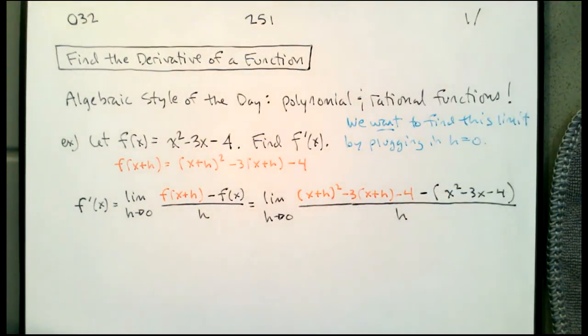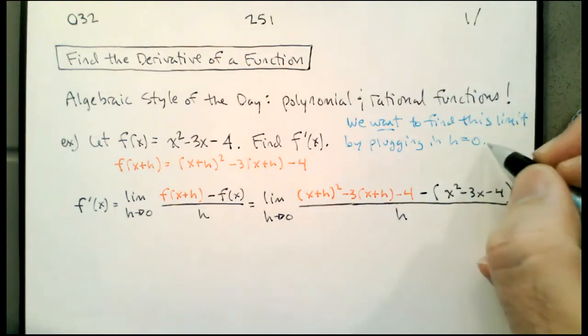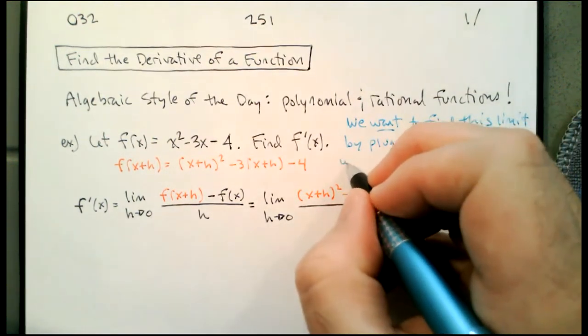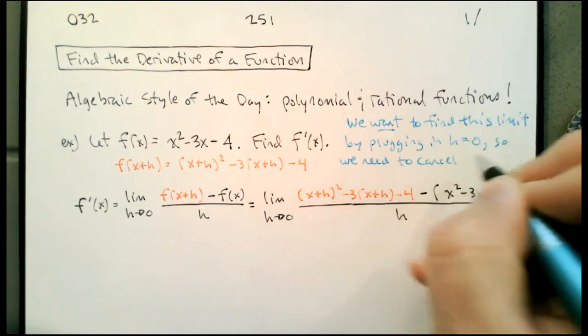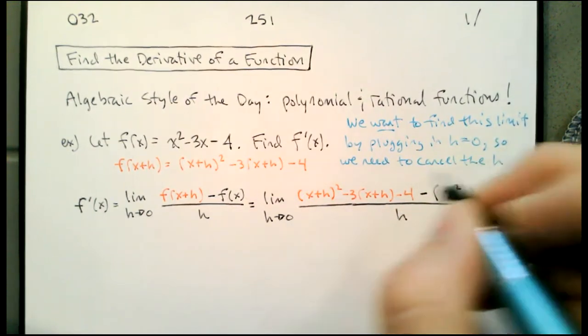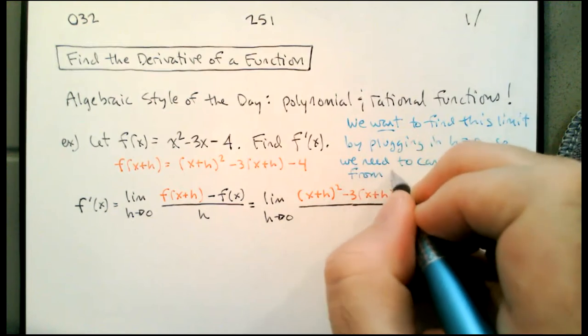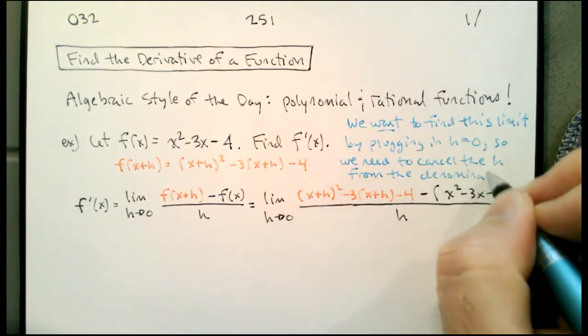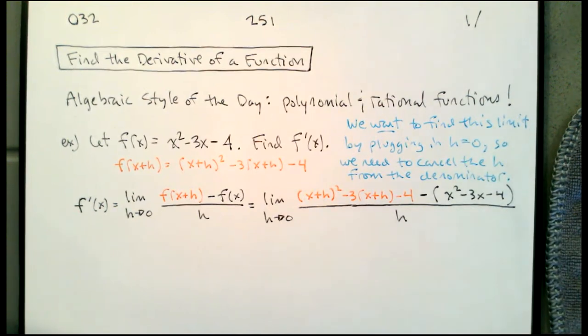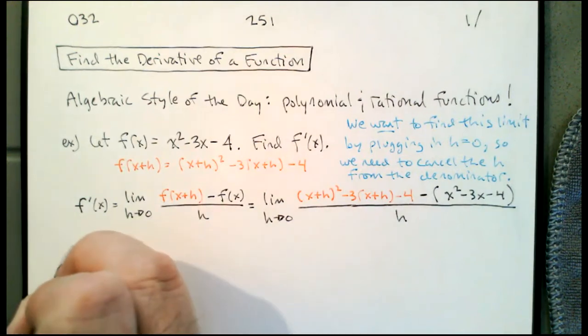But that means we need to cancel the h from the denominator. So we plug f of x plus h and f of x into our limit, and then we start simplifying.